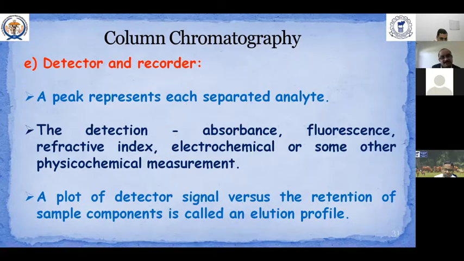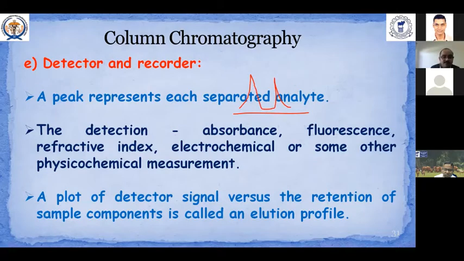The peak represented during the recording represents a separated analyte. Each peak in the graph represents one separated analyte.